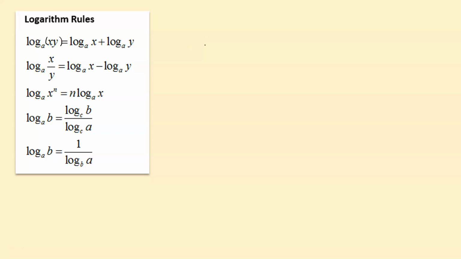And that comes from the idea that if I have 5 to the second power multiplied by 5 to the third power, when I multiply these together, I add the exponents together, right? So that becomes 5 to the 5th power. That is where the idea comes from of these being multiplied together being the same thing as adding the exponents together.